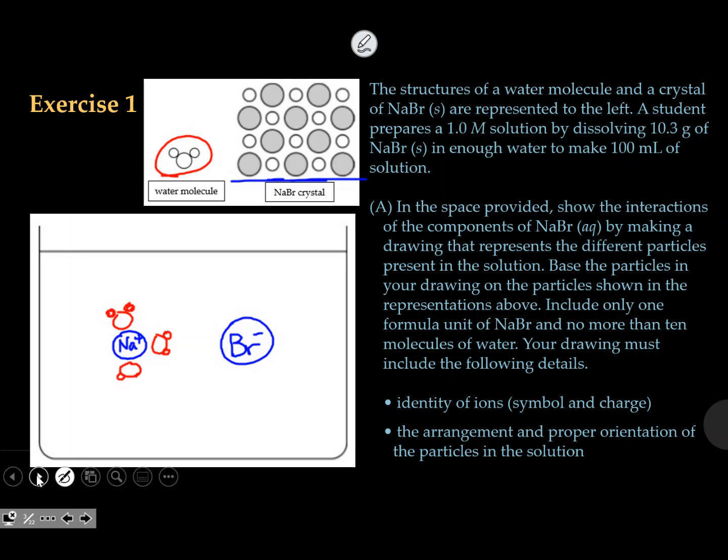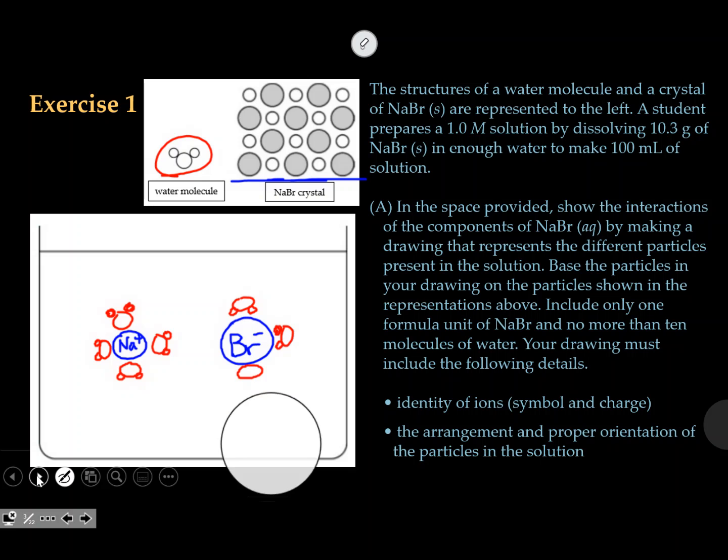I like to put 1 on each side, like so, showing that the oxygen is facing inward. Remember, the oxygen has the partial negative charge, so it's going to attract to the sodium, which is the cation, full positive charge. And then around the bromide is going to be the opposite, right? Where we have the hydrogens facing inward, because those are the partial positive side.